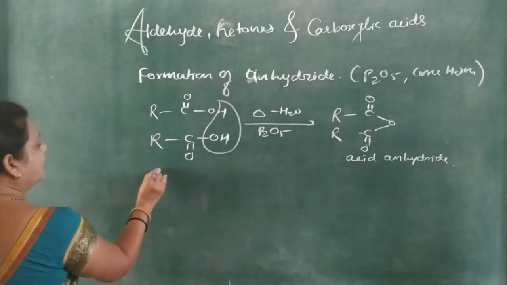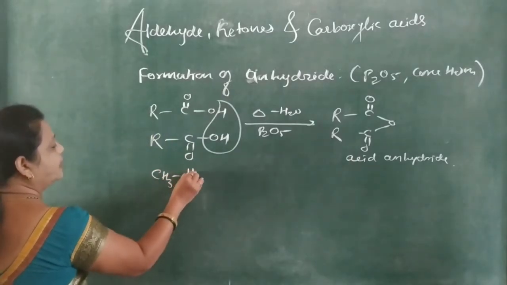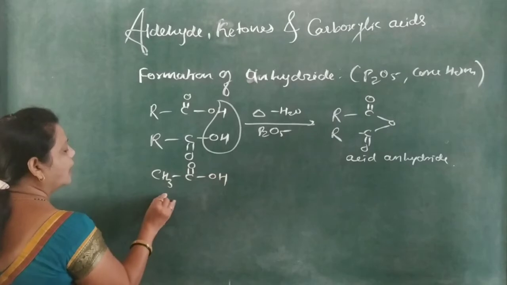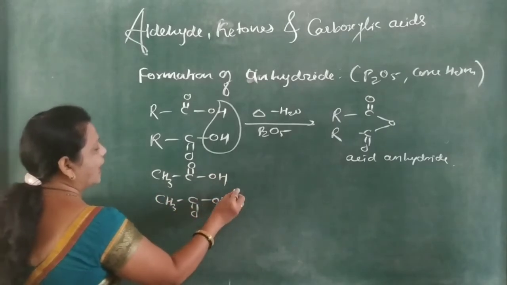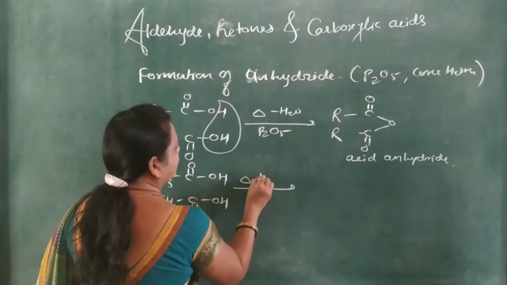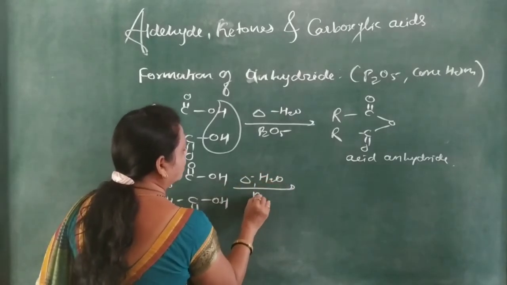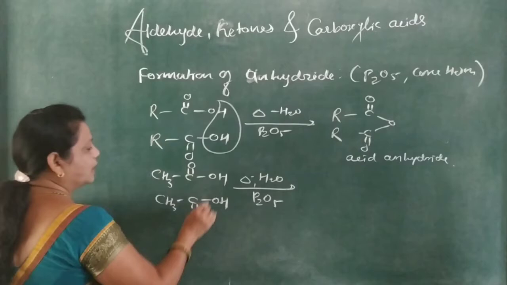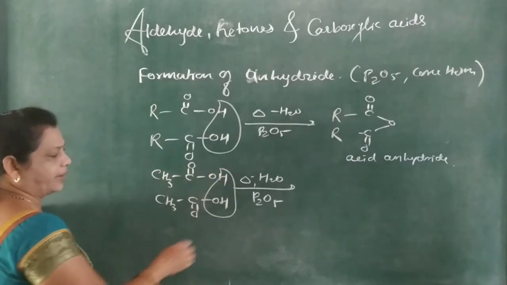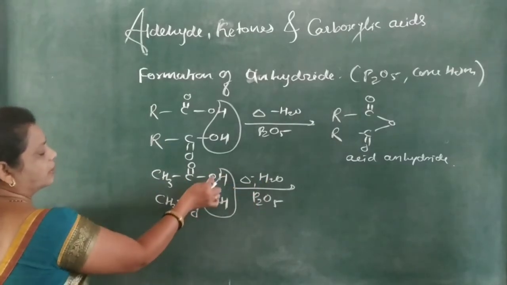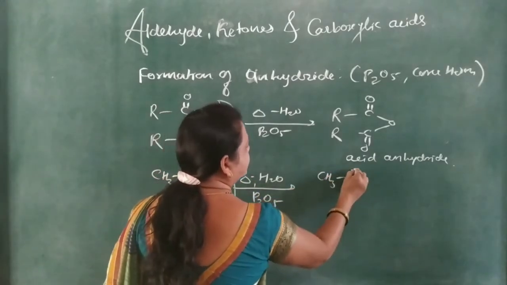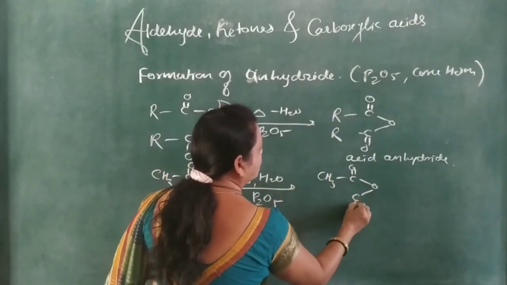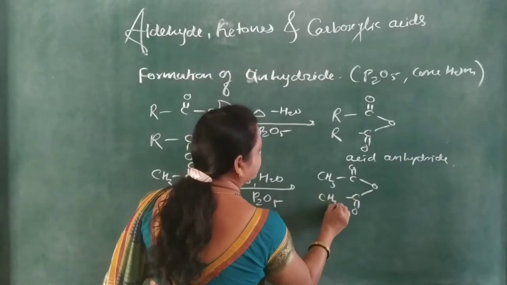For example, CH3COOH and CH3COOH, acetic acid, heated with P2O5, minus H2O. This H combines with OH to give H2O, and the acetyl groups combine to form CH3CO-O-COCH3.